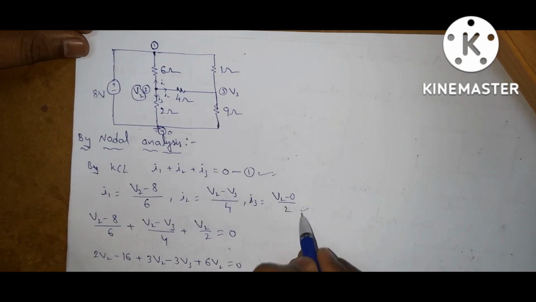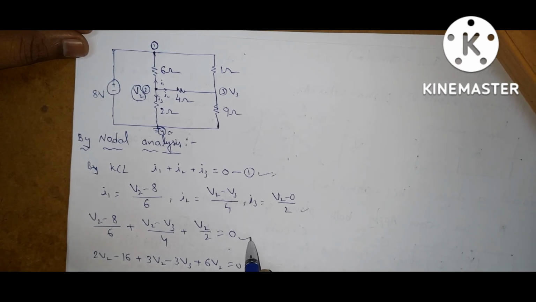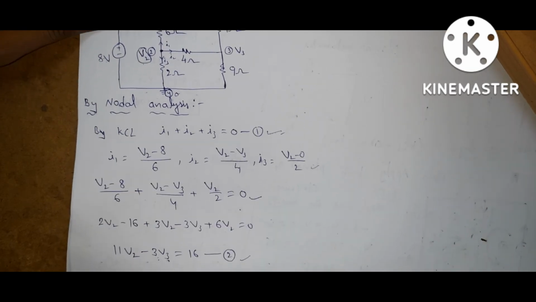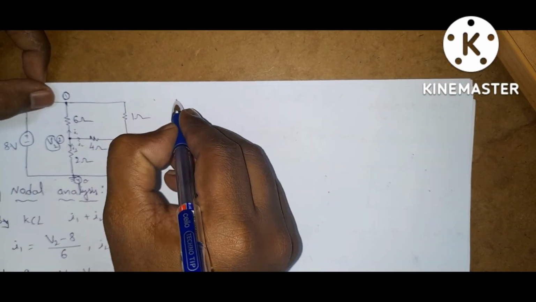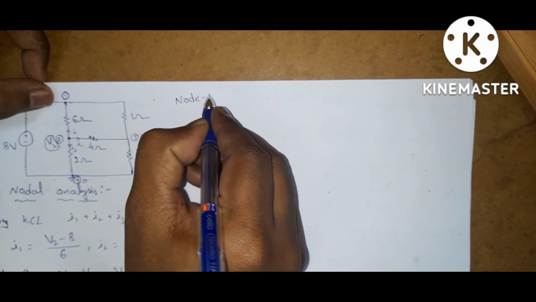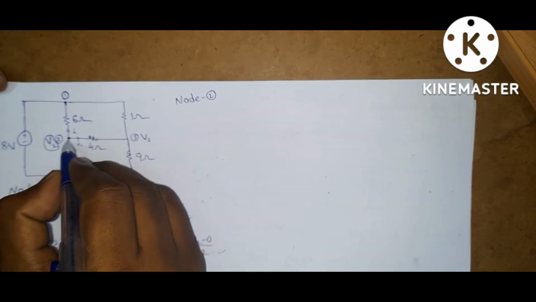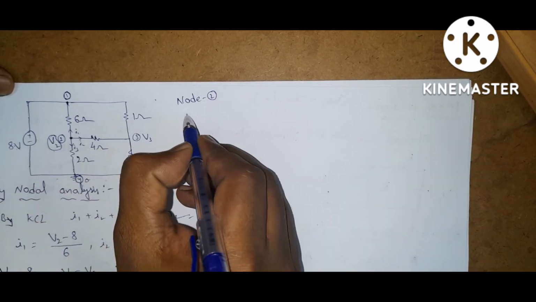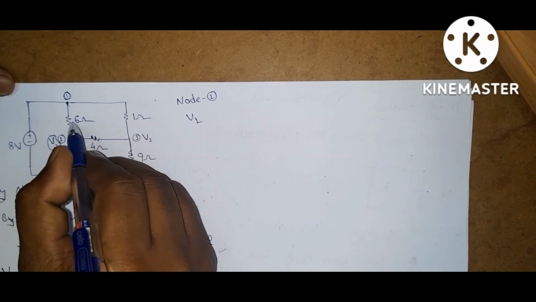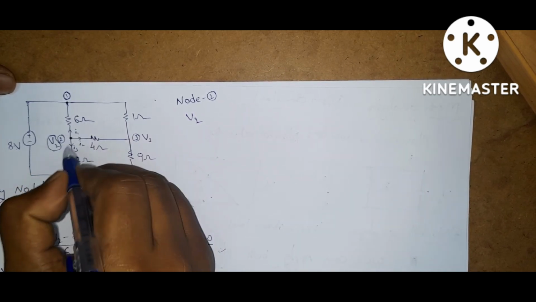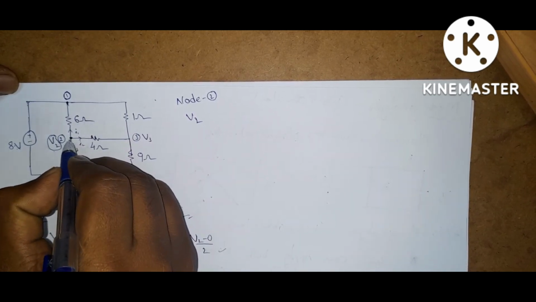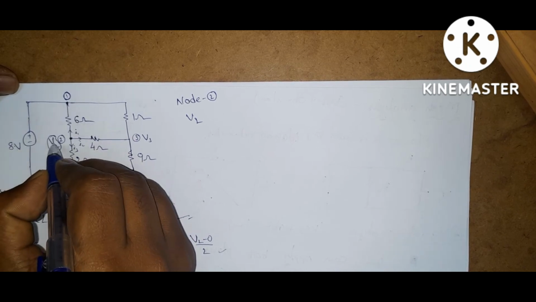Now without writing these two equations, we can write this equation directly from the diagram. Write the node equation at node 2. What is the potential here? V2. Write the node equation for all branches. Current is flowing from here to here because it is at higher potential.